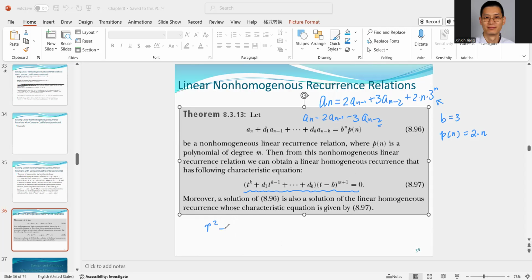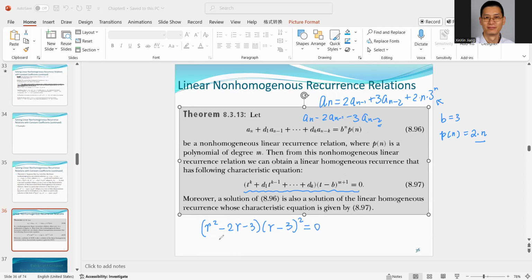So r squared minus 2 times r minus 3. This is the homogeneous part. And the non-homogeneous part is r minus b, where b is 3, to the power m plus 1, where m is the degree of the polynomial. Here, the degree of the polynomial is 1, so 1 plus 1, you get 2. So you have r minus 3 squared equals 0.